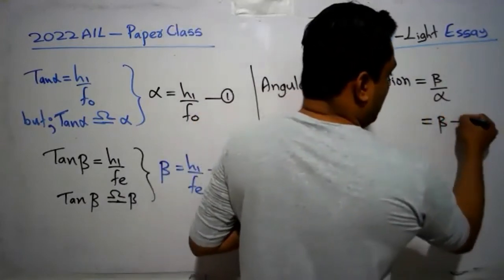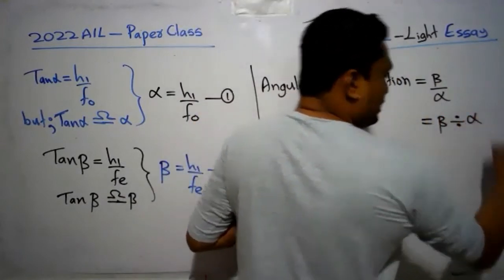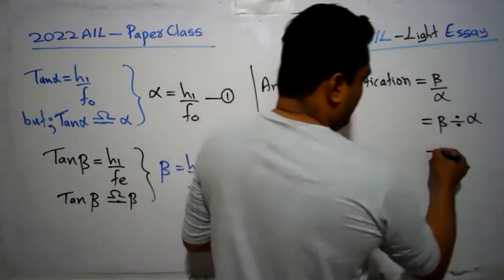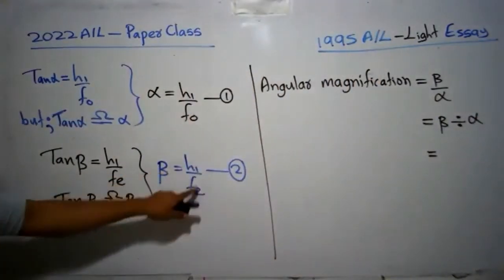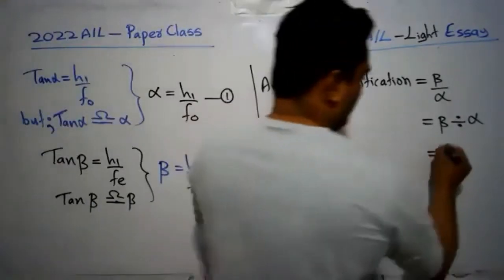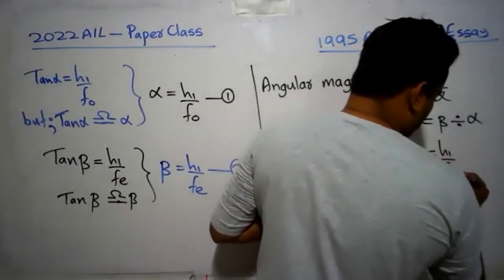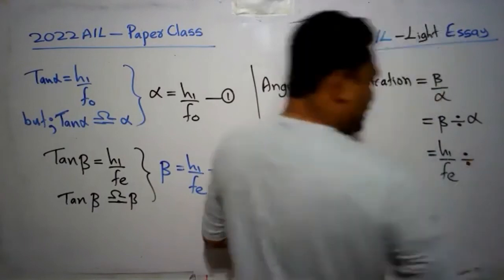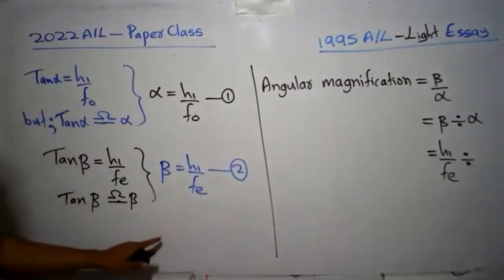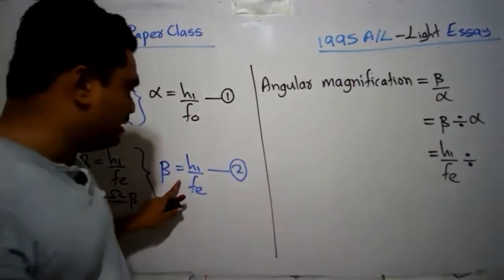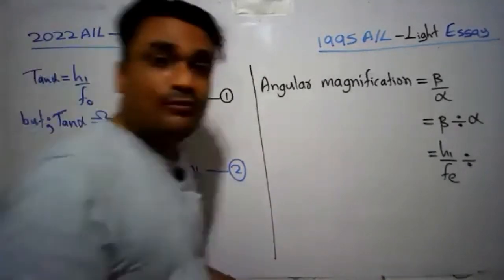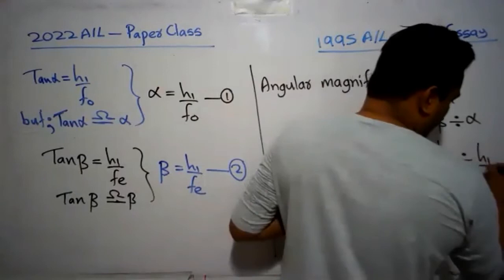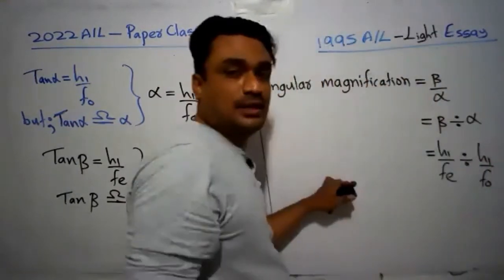Beta is given by the equation H1 over FE, divided by alpha. Alpha is given by the equation H1 over F naught, where F naught is the objective focal length.